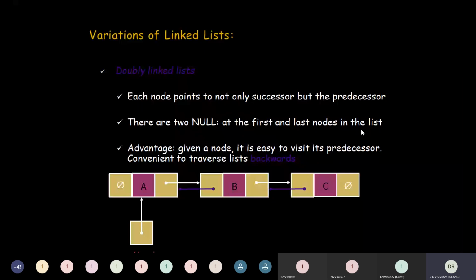If you're working with a singly linked list and you're asked to display the elements in reverse order, it is possible to write the code, but it takes more time and some extra effort, traversing from back to front. To avoid that, you can traverse by using a doubly linked list.